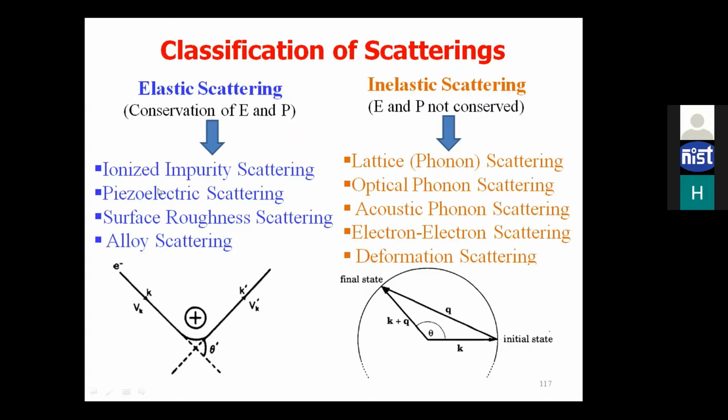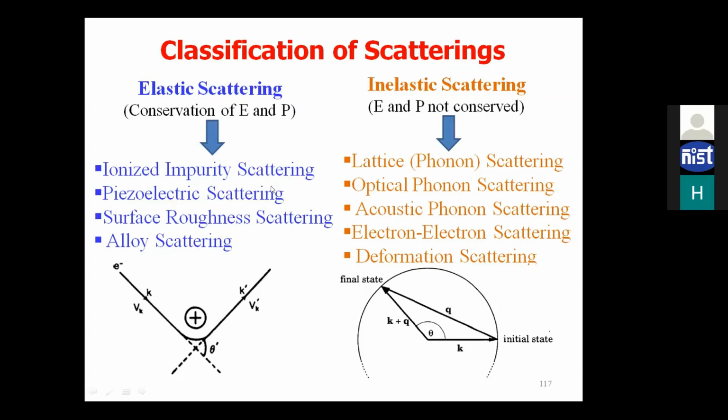Ionized impurity scattering, piezoelectric, surface roughness, alloy scattering, etc. are elastic, whereas the phonon scattering, that is lattice scattering, whether optical phonon or acoustic phonon, and also electron-electron interaction or deformation scattering, are known as inelastic scattering.